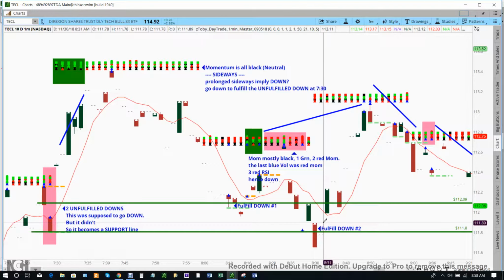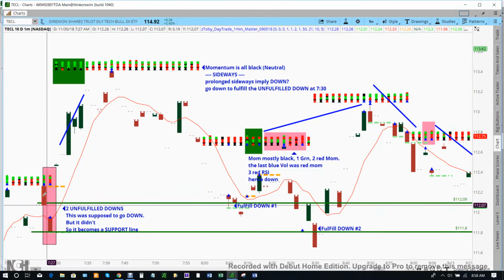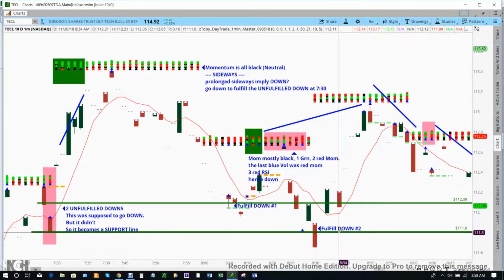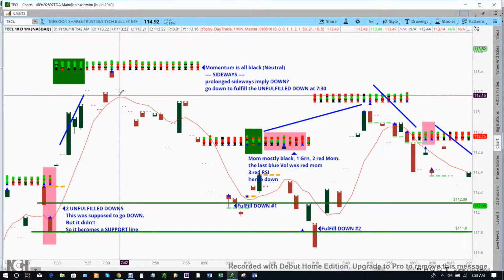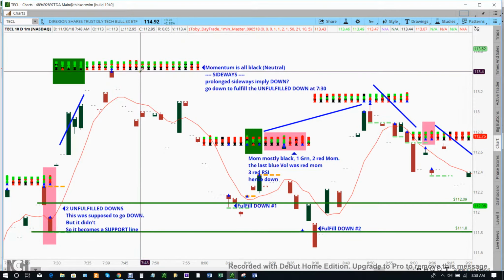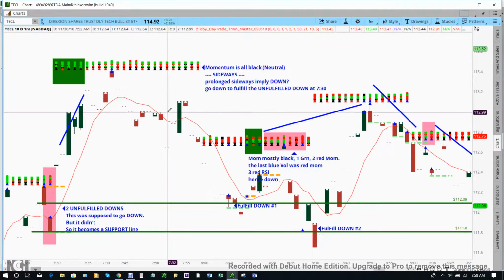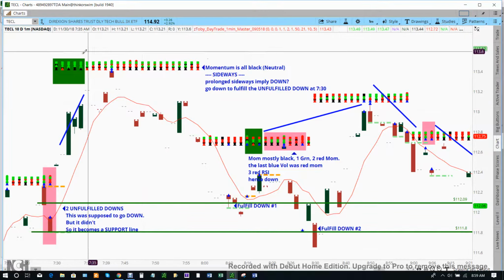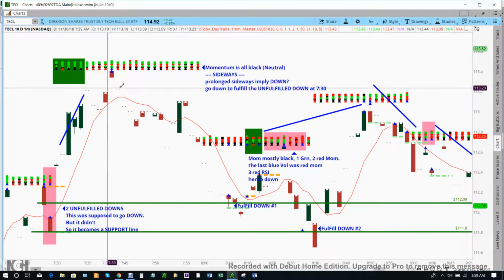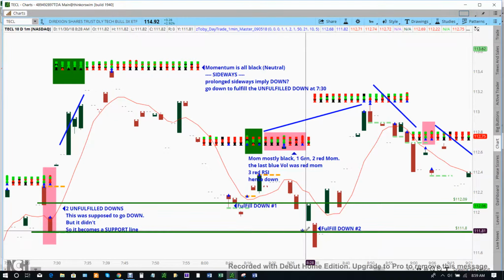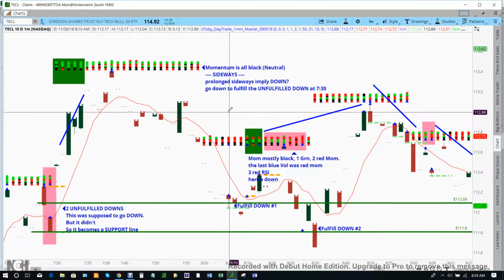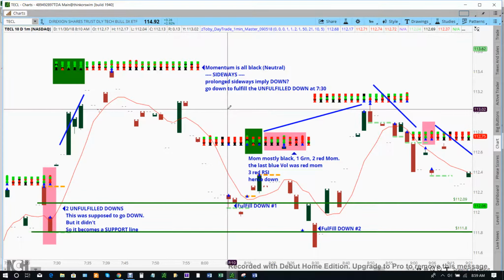But compared to the big picture, knowing that these two guys are unfulfilled, if you would have bought in the sideways part up here, you could have made money down here, because you could see this black momentum neutral, and you know it's going to go down to fulfill these guys, so you could buy it up here and also buy it based on this stuff, and then sell it down here, and that would be a major, like 112 to 113. You would have made $1 a share, but it's only like 0.5%.